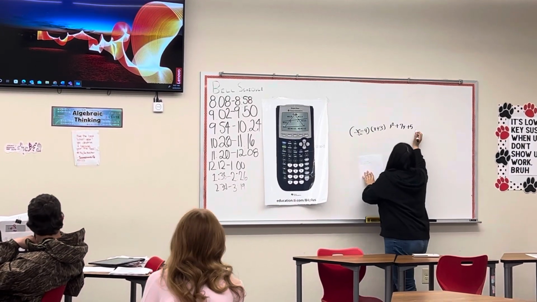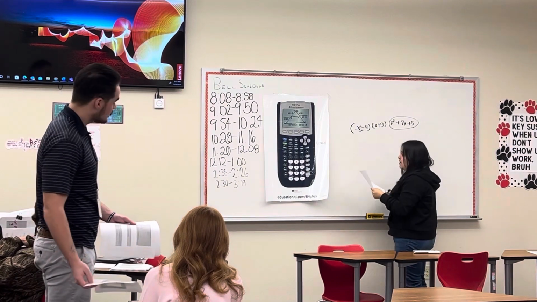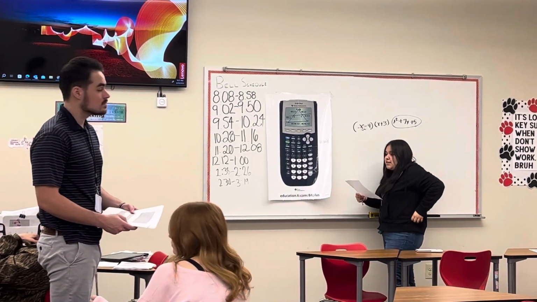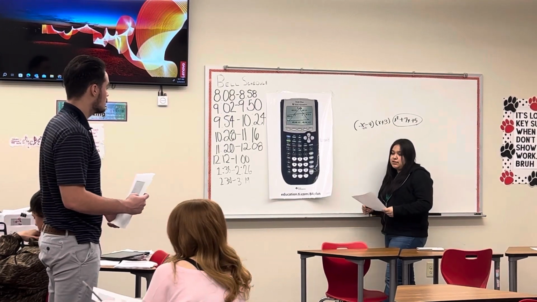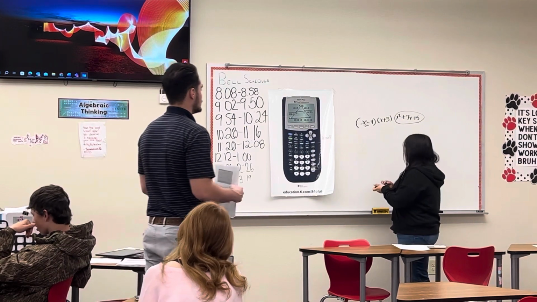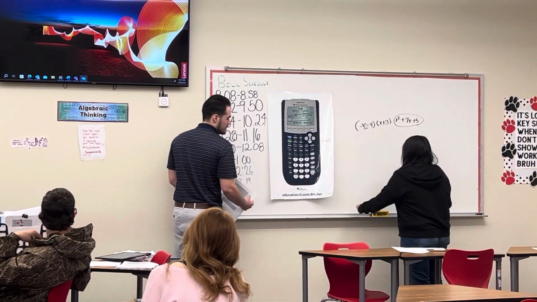I said it would be x squared plus 7x plus 5 because the y-intercept is unattached to the x in the equation. Good job. So what is the y-intercept? Can you point it out? Yep. Awesome. Appreciate it. Erase it.